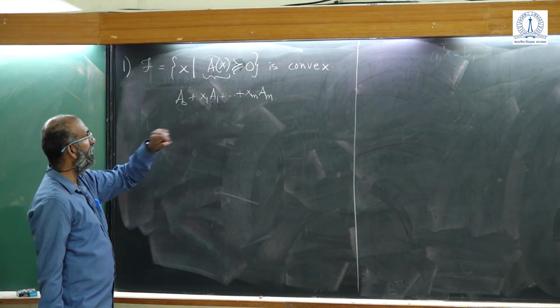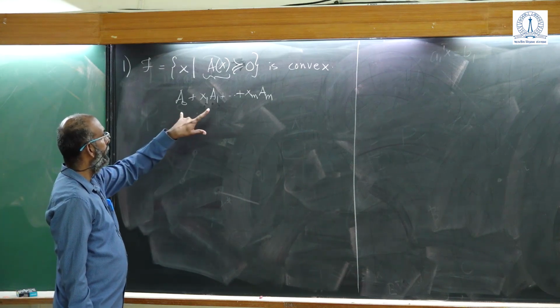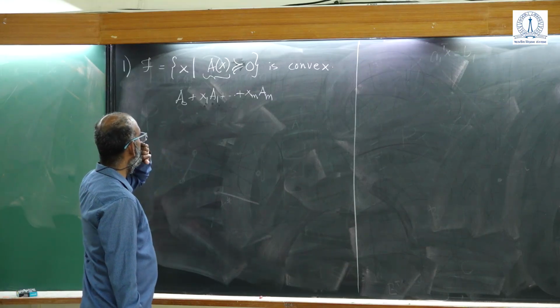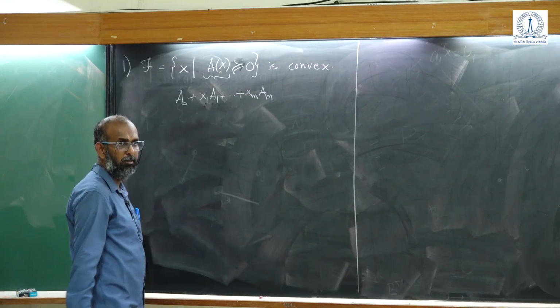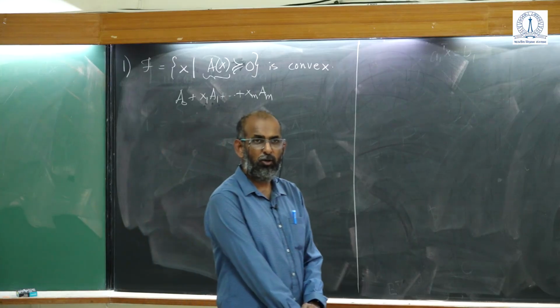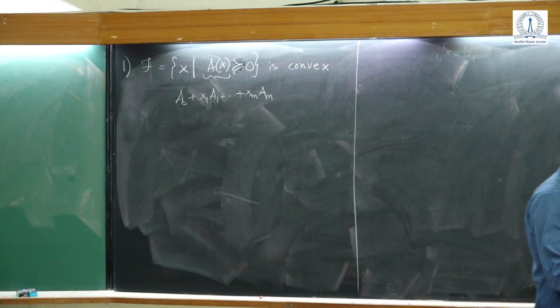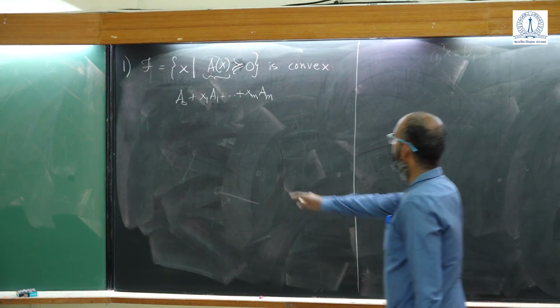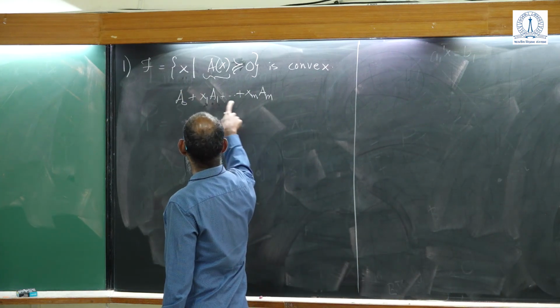So this as a matrix is PSD, but we have already discussed that the space of PSD matrices is convex. It's a cone, so that should help. But here we are varying over these xi's.